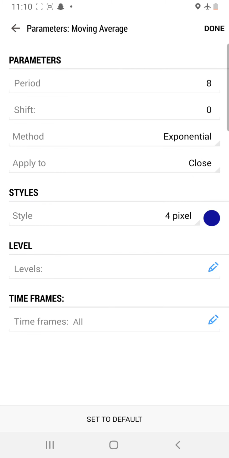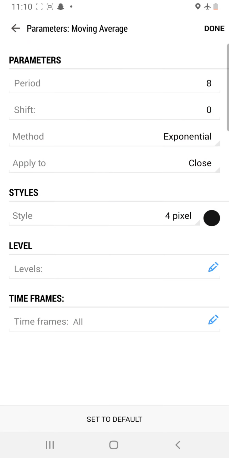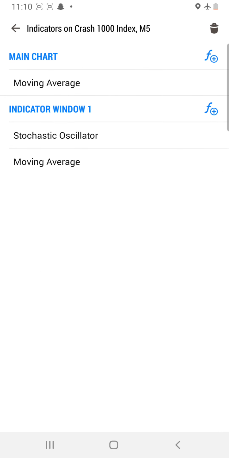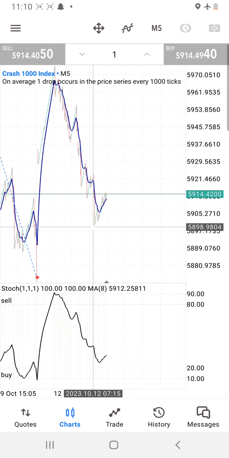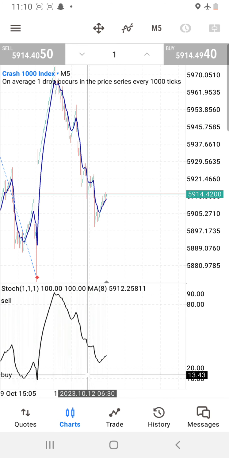This moving average has the following parameters: a period of 8, a shift of 0, the method is exponential, apply to close. I'll just change this color to black. Okay, and I'll click done, and as you can see, we now have a black line in our stochastic oscillator and our indicator window 1.